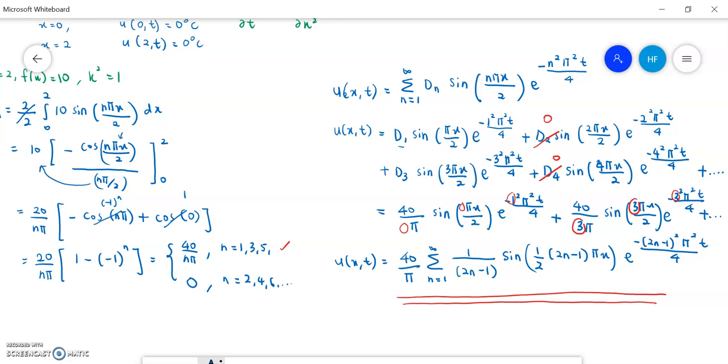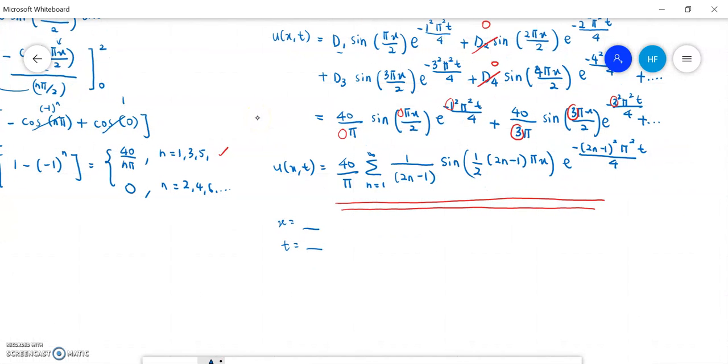So we can identify what is the temperature when x equals any number, any constant, and when t equals any time. So if you plot this, you can get the temperature distribution along x with respect to u.